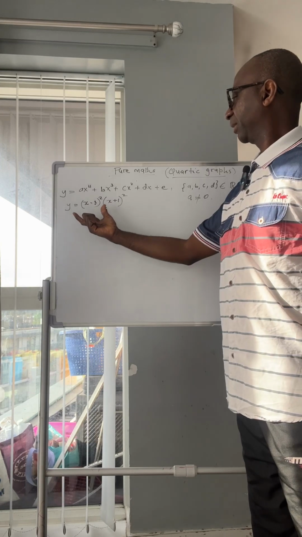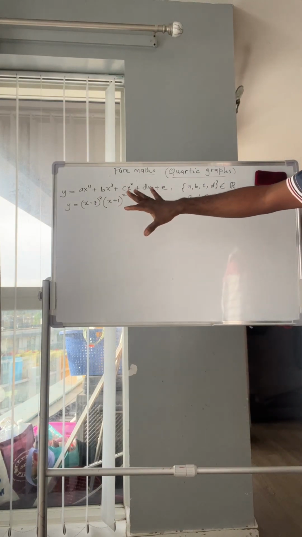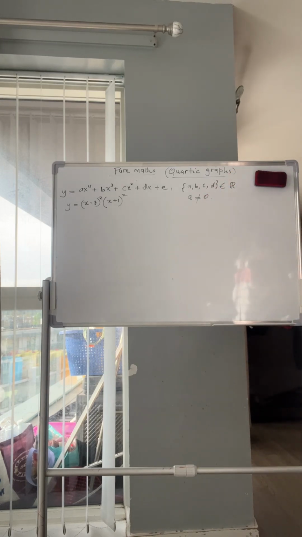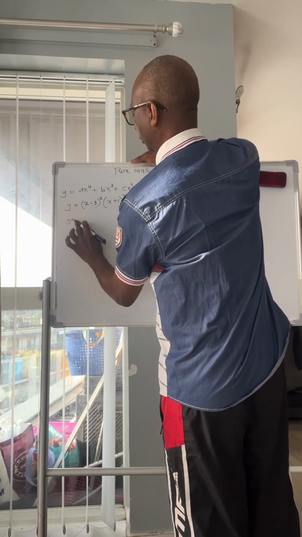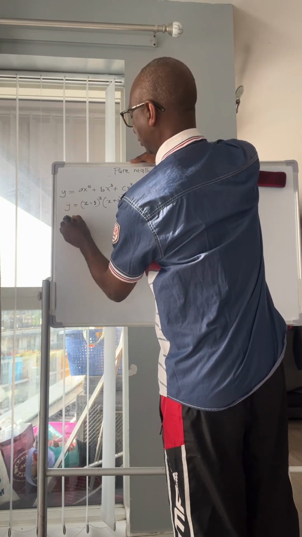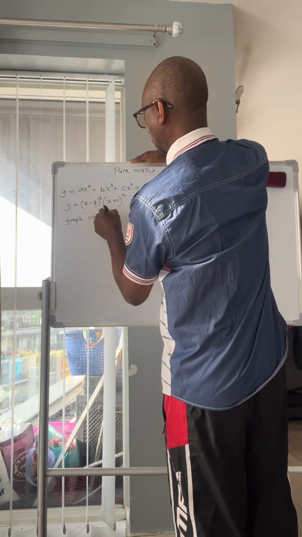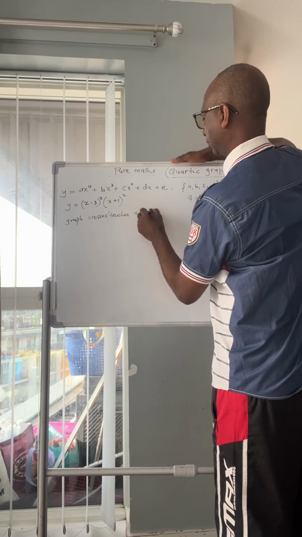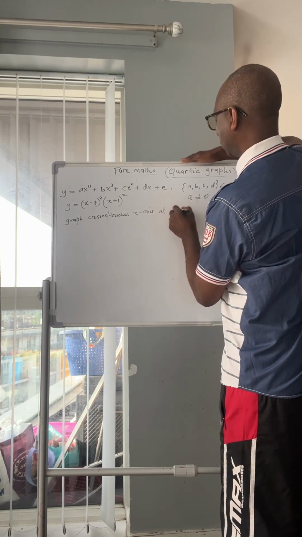To find where the graph touches or crosses the x-axis, it has to be where y equals 0.